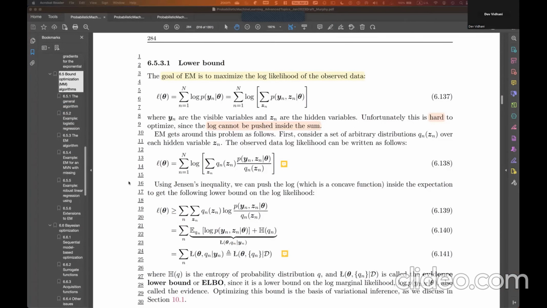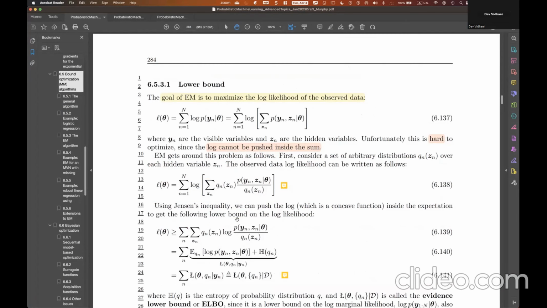Okay, so going back to that one. So here we are. This is the function that we want to maximize: the probability of each of these values that we saw, but there are some hidden variables z that we are also trying to find the parameters for along the way.